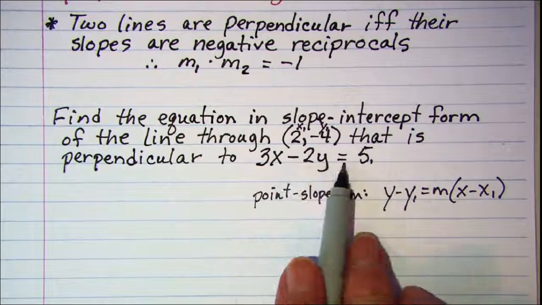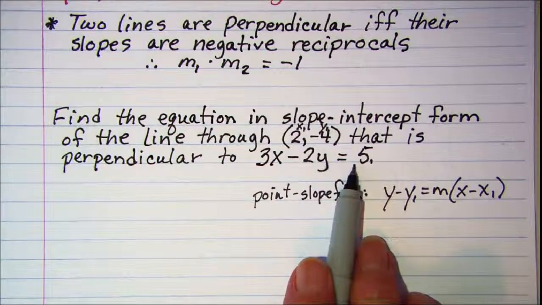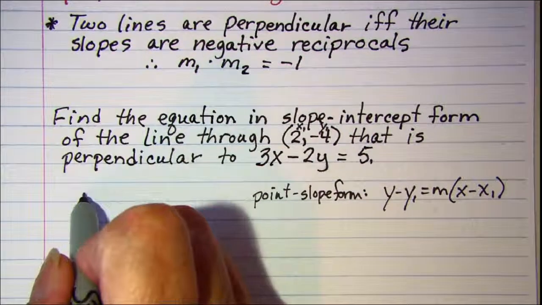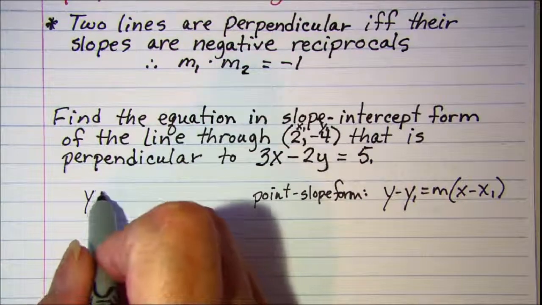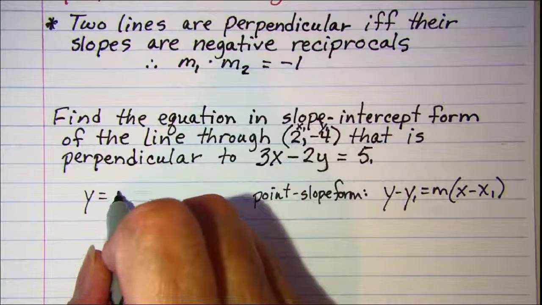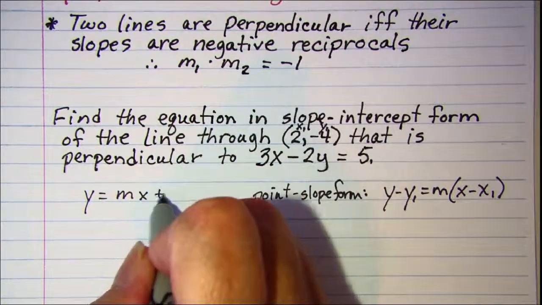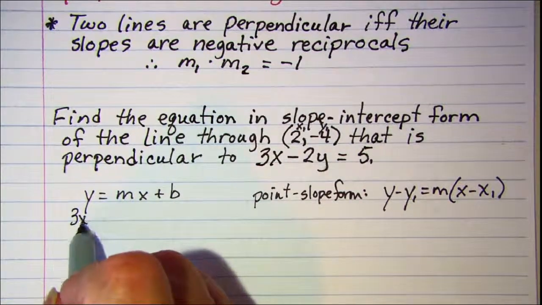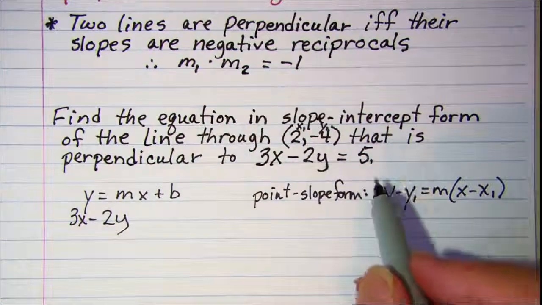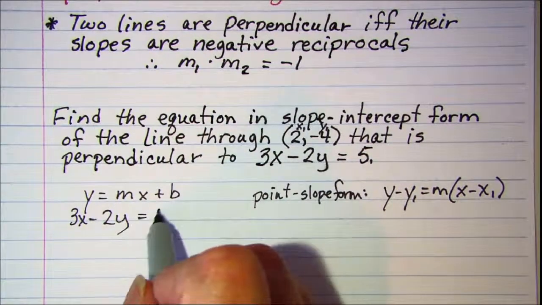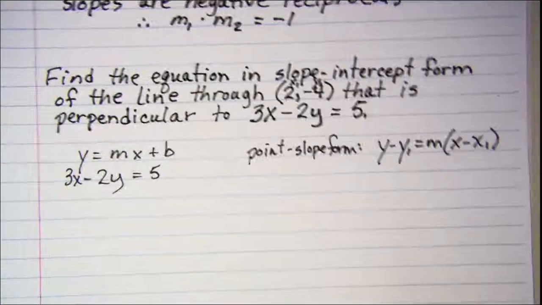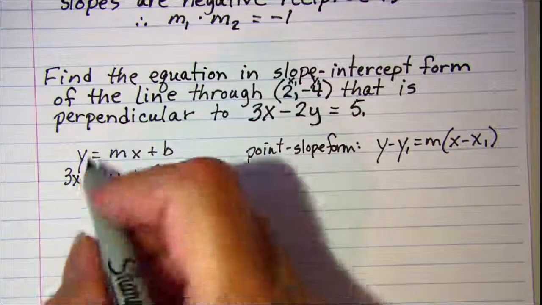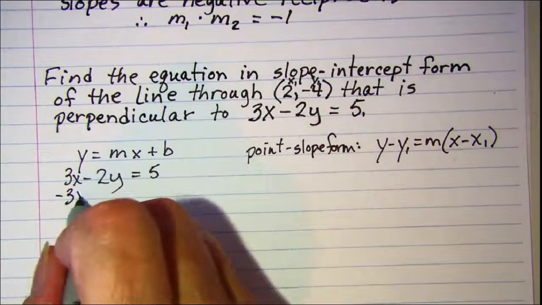Now to take this equation and find the slope, I need to write it in slope-intercept form, which is y equals mx plus b. So 3x minus 2y equals 5. I need to isolate this -2y first, so I'll subtract 3x from both sides.